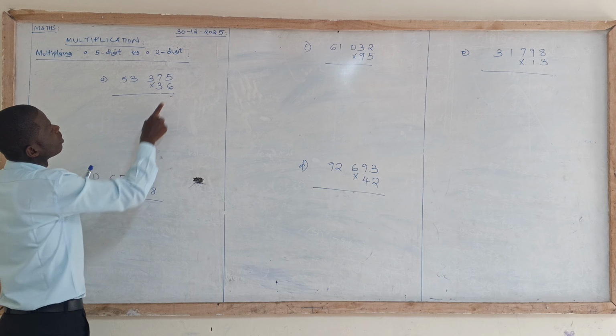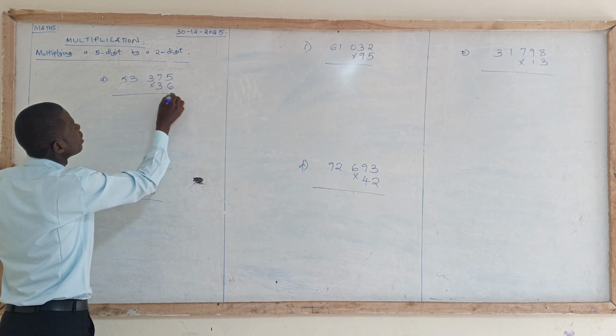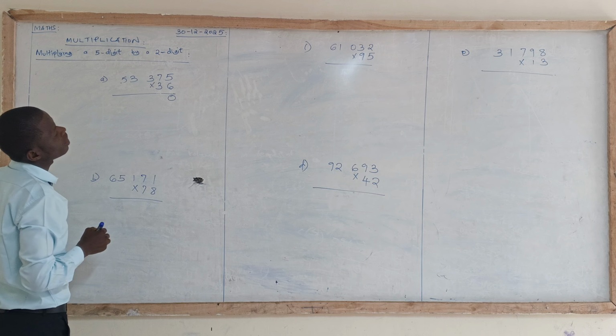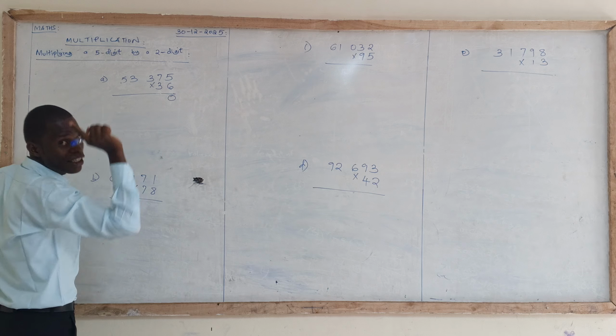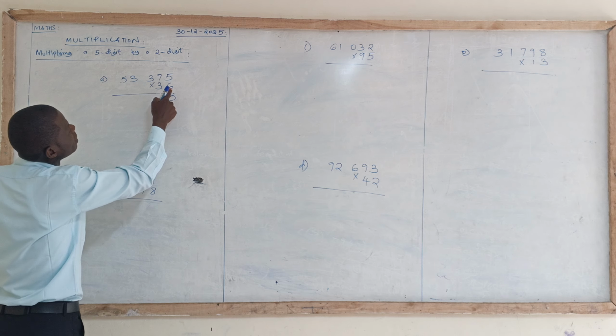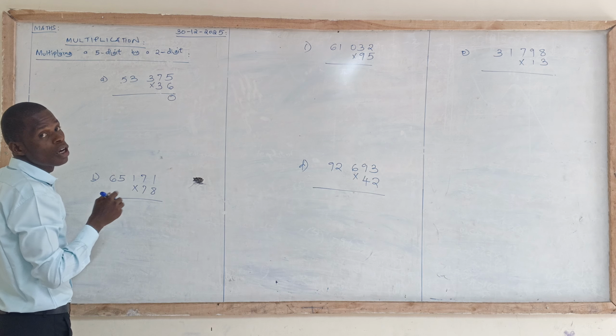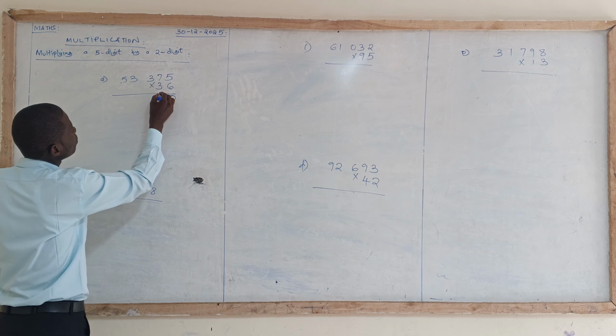Let us go. 6 times 5, what do you have? 30. Write 0, carry 3. Remember, carry 3 in your brain. 6 times 7, what do you have? 42. 42 plus 3 you carried is 45.